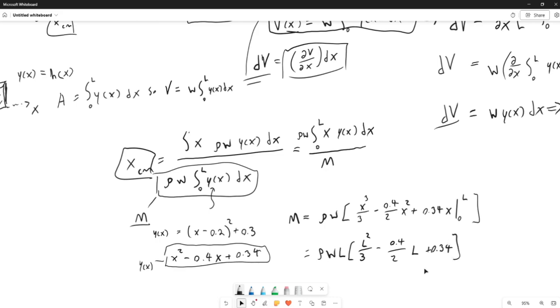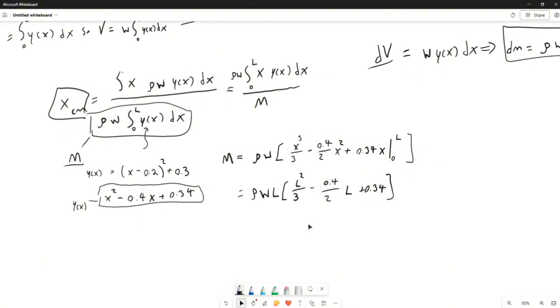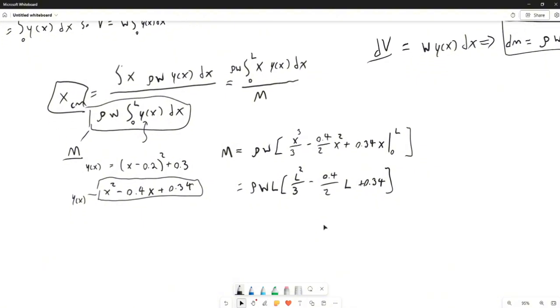And this is all just numbers. We can plug everything in and make sure it makes sense. We could also do unit analysis and make sure the units make sense. This is a mass. Do we get mass? Well, width is meters, length is meters, and then we have meters squared here.